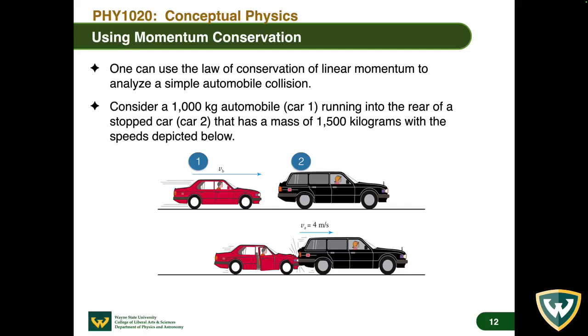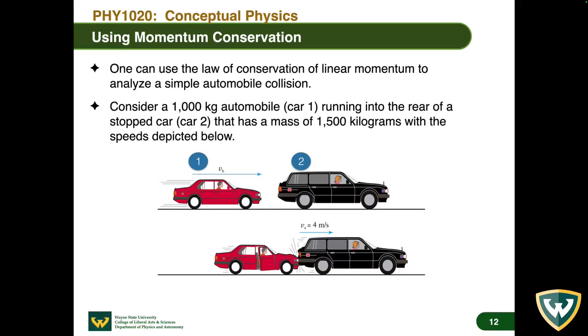Car number 2, the black car, is originally at rest, whereas car number 1, the red car, is incoming at a velocity or speed v sub b. Right?